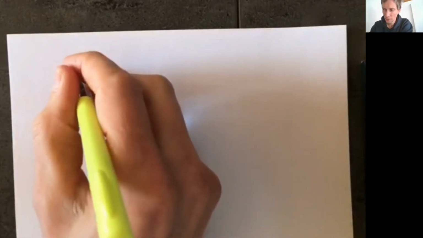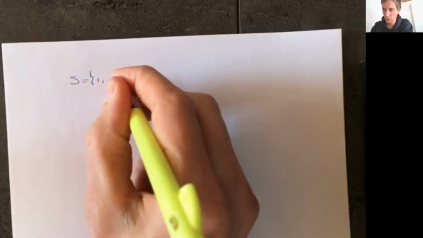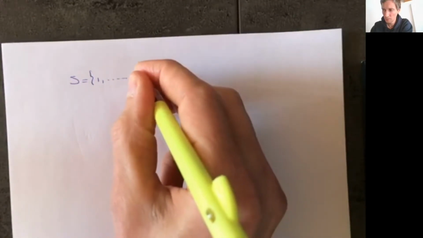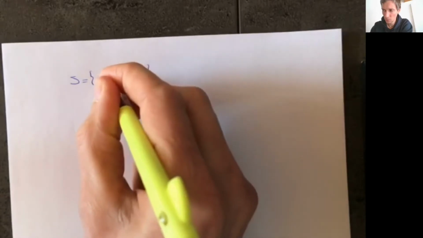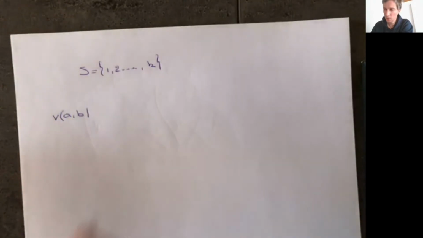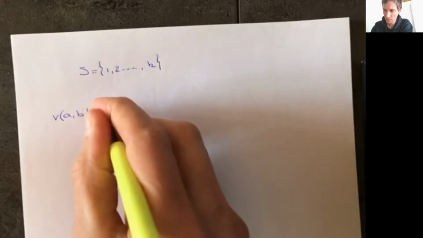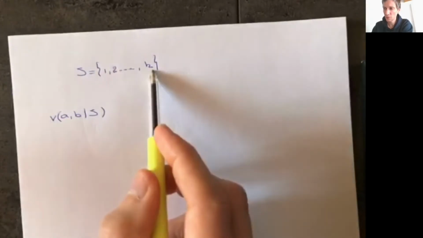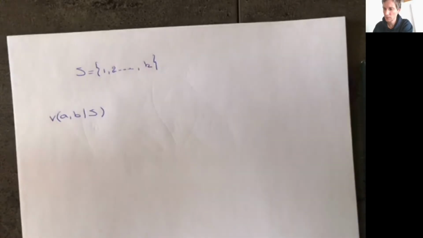Okay, so let me write down the problem again. Let S be a subset of nodes 1, 2, and so on until K. Well then, the value or the cost from going from some node A to B using the nodes in S, so this already includes K, right?